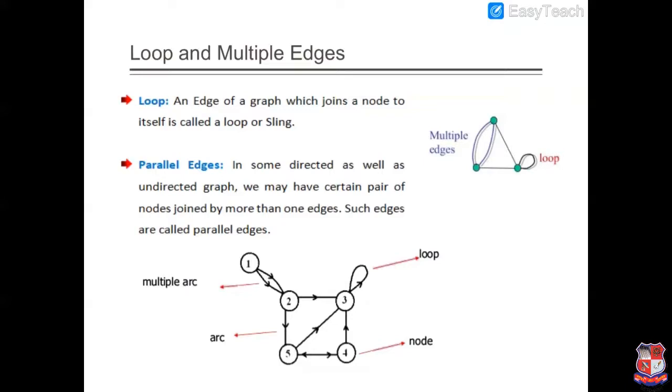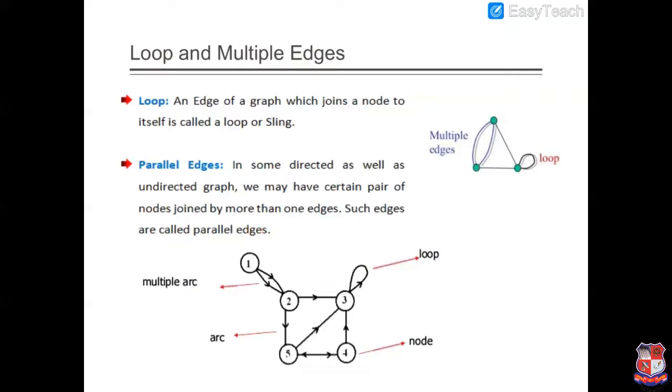While what are parallel edges? In some directed as well as undirected graphs, we may have certain pairs of nodes joined by more than one edge. Such edges are called parallel edges.